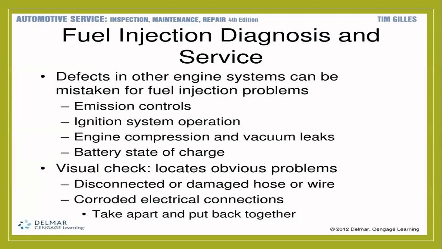Where is the hose? A hose is a pipe. Sometimes pipes or wires may be disconnected. Corroded electrical connections: what is corrosion? Sometimes in the battery connection and some other injector pump electronic connections, there is a lot of corrosion material. So you want to clean it and put it back.